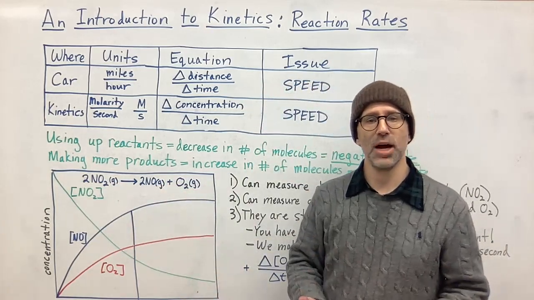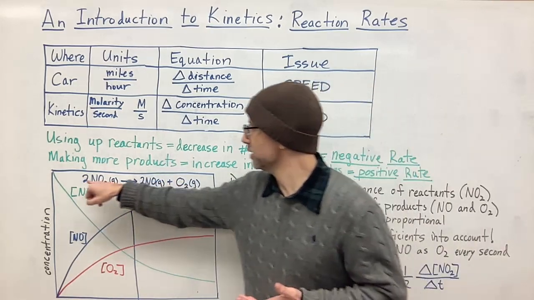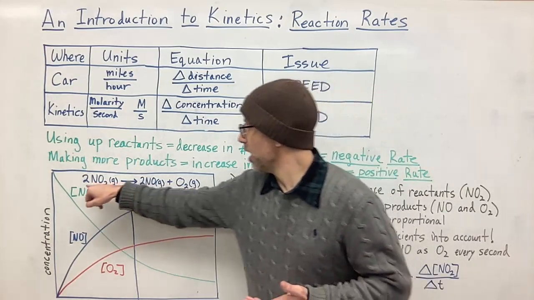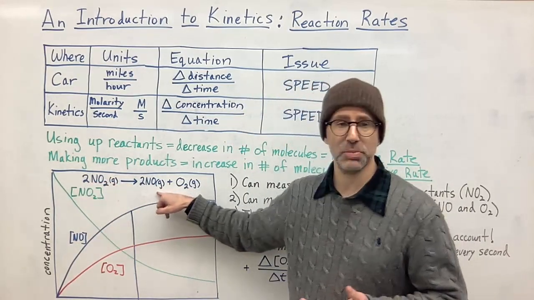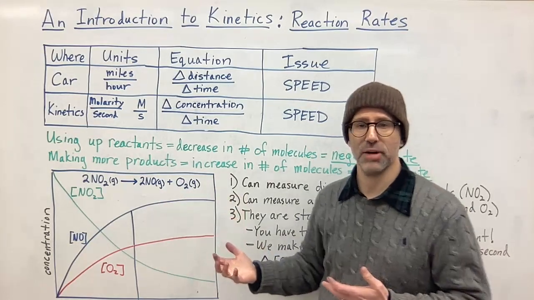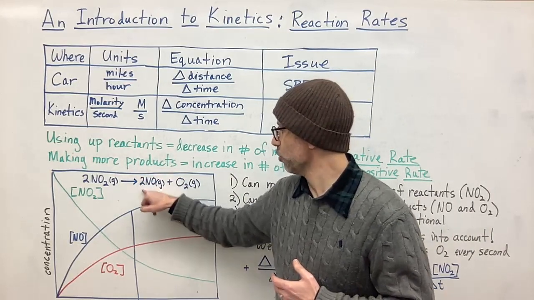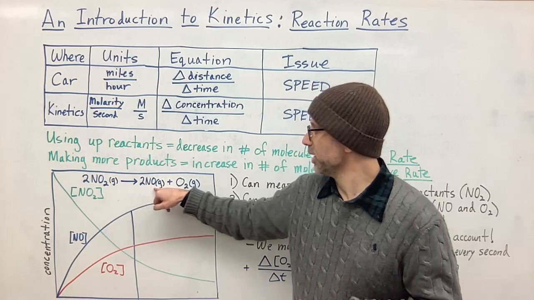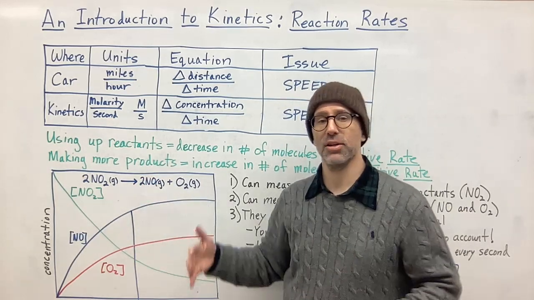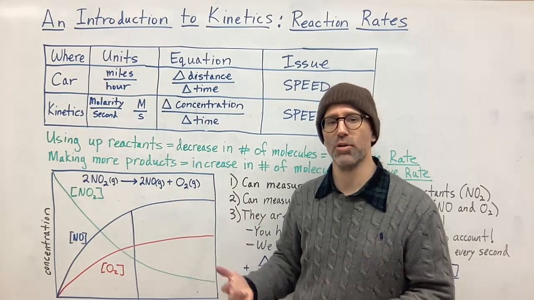So when you're trying to figure out the rate of the reaction, if you don't take into consideration the stoichiometric amounts for each of the species, then you're going to get different rates of the reaction, right? So if I look at the rate of the reaction according to NO, and I know I'm getting twice as much NO produced as O2, my reaction might be considered twice as fast as that of O2, which doesn't make any sense because it's one reaction.